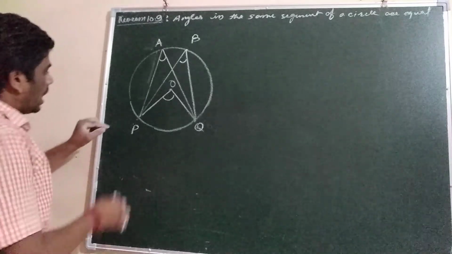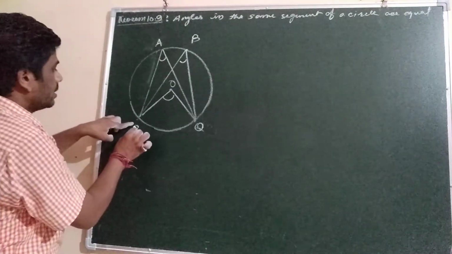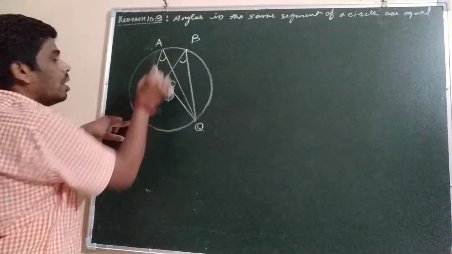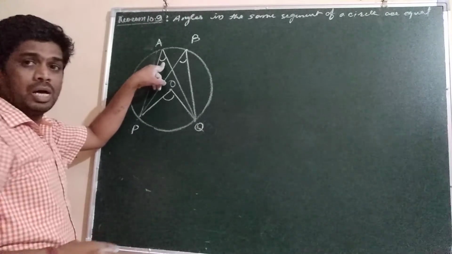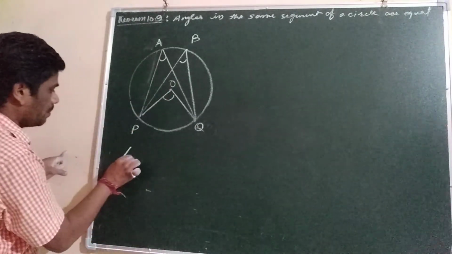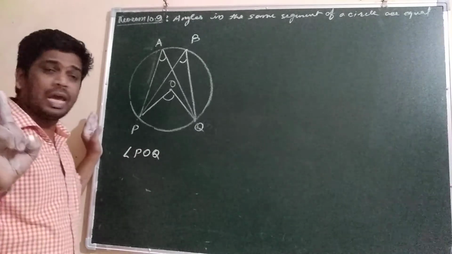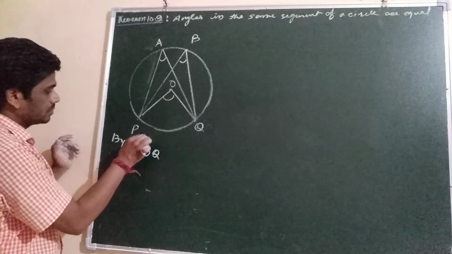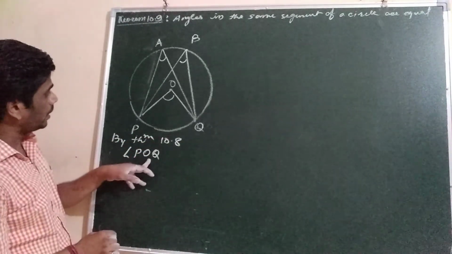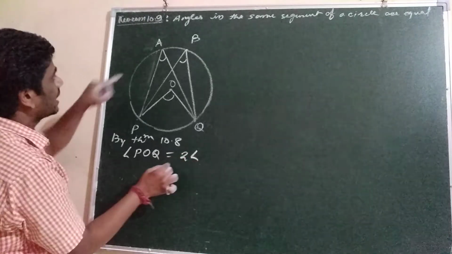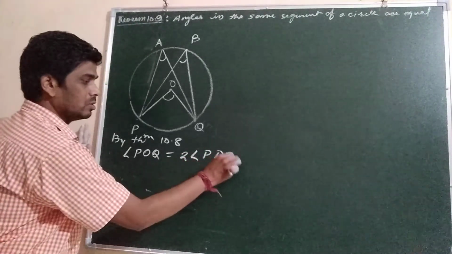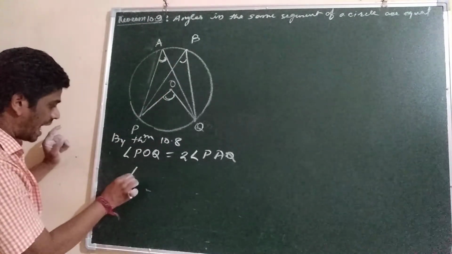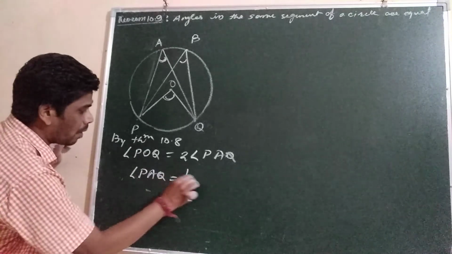So we know that the angle made by the arc PQ at the center will be double the angle made by the same arc at the remaining part of the circle, which means angle POQ, by theorem 10.8, will be double of angle PAQ. So angle PAQ will be half of angle POQ.